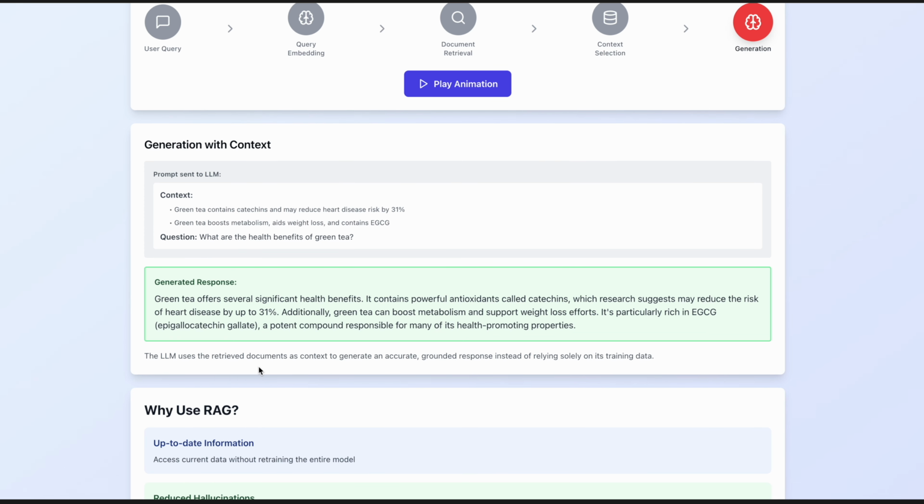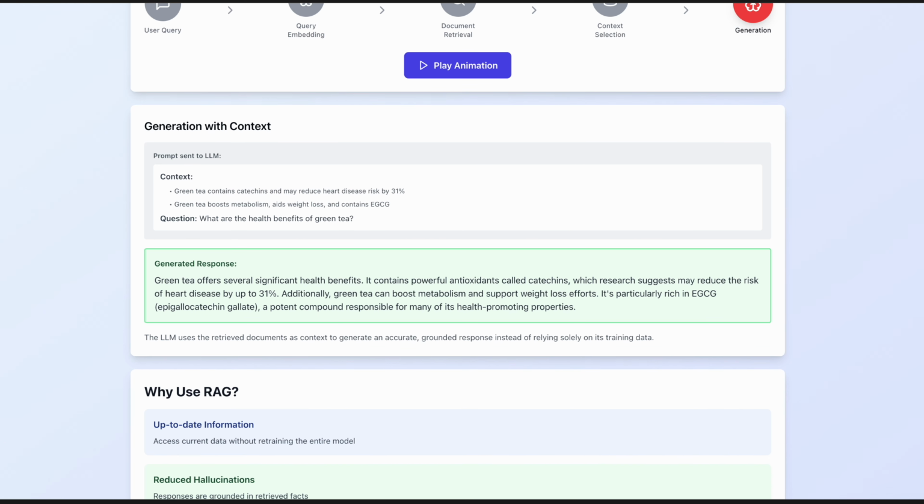The LLM uses the retrieved document as context to generate an accurate, grounded response instead of relying solely on its training data. So when we feed that information to it, it extracts the context from the sentence or the document that we fed, and sends it directly into the LLM in order to get the summary out of it.